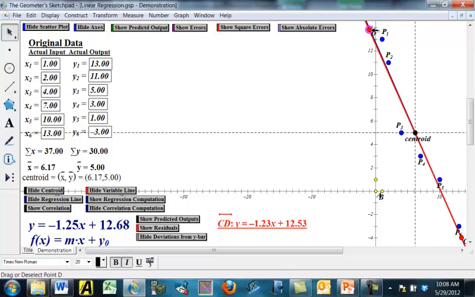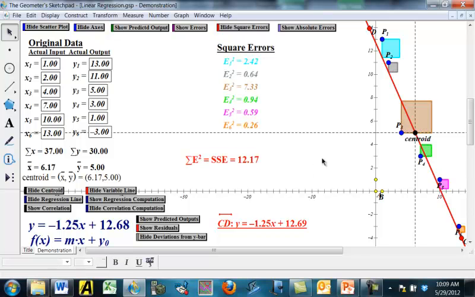Being close. That's really close right there. Okay, and we can see the squared errors on that line, 12.17, and notice that was quite a bit smaller than what we had seen on some of the other lines that we had looked at as possibilities earlier.